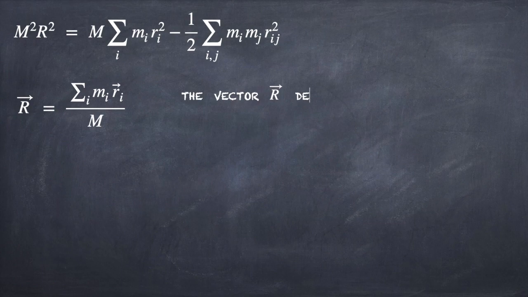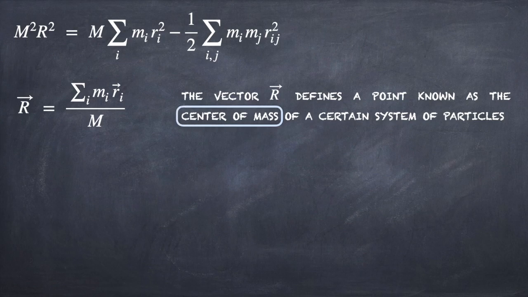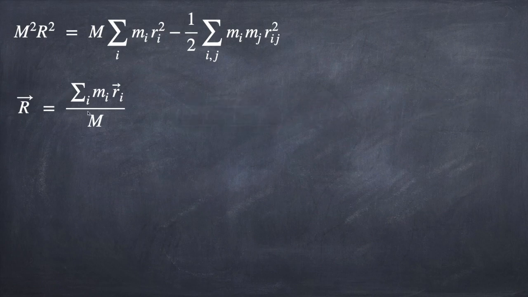So first, what is R? What is this vector R? The vector R defines a point known as the center of mass of a certain system of particles. So this is a definition. And if we write this mass on the other side of the equation, we will get M multiplying this vector R being equal to this summation here.